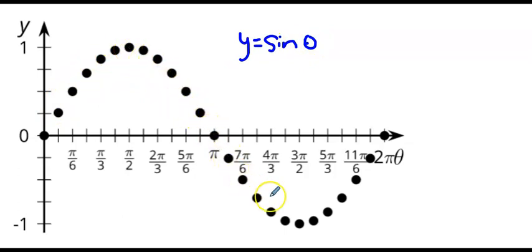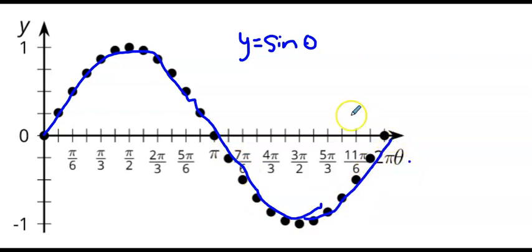At pi, you're back to 0, and then it continues to -1, and back up to 0. So this would be the graph, and since you're doing the y values, this would be the sine function. And if I go from 2 pi to 4 pi, this would also be the graph. It would continue. So the sine function is also periodic.